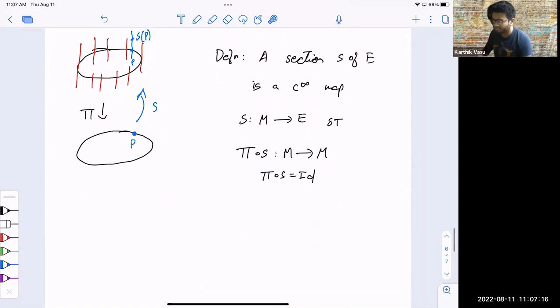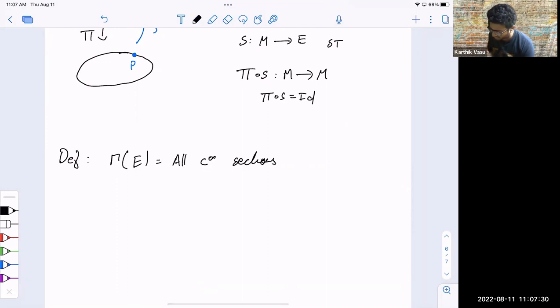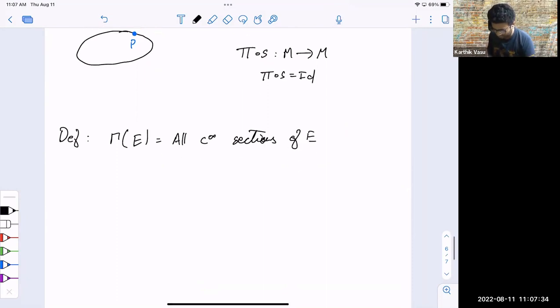Just small definitions here again. I will denote by Gamma of E all the C infinity sections of E. So if we had a trivial bundle, any manifold M cross R^k will be called a trivial bundle.